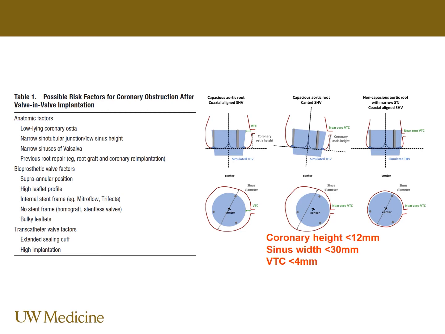You can see that in the right-sided image, there's just a very, very small sinus of Valsalva and a narrow STJ, and then ultimately you can get obviously challenges with occlusion in those particular situations.